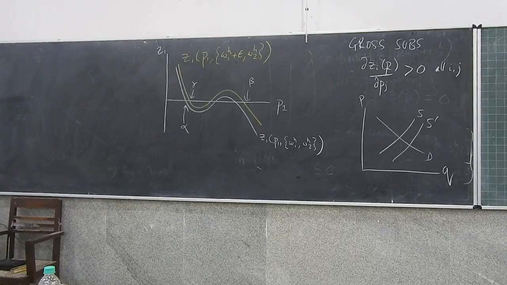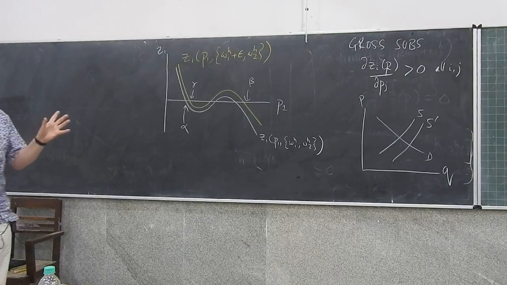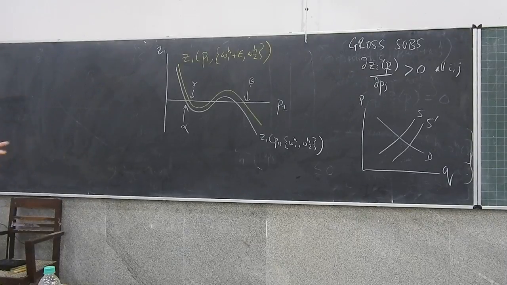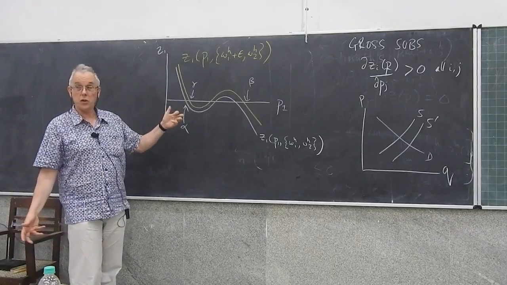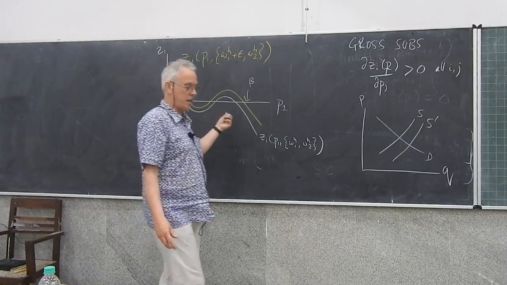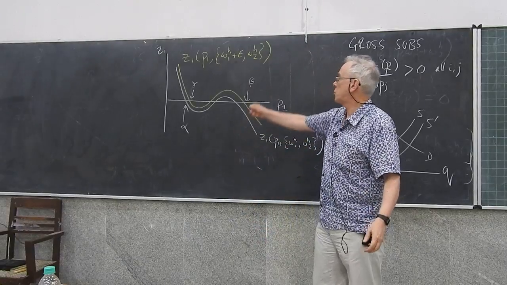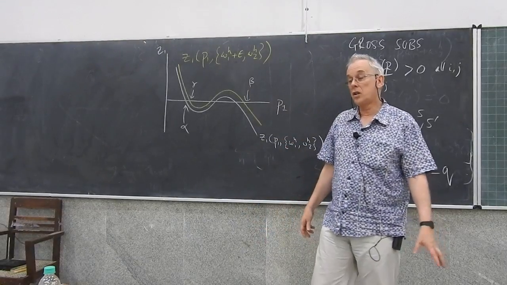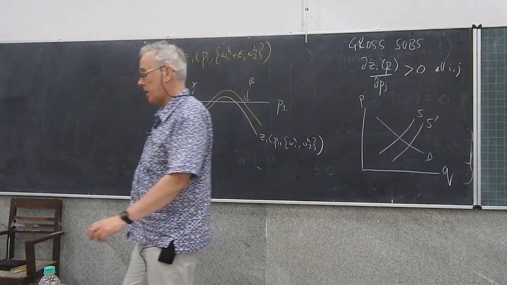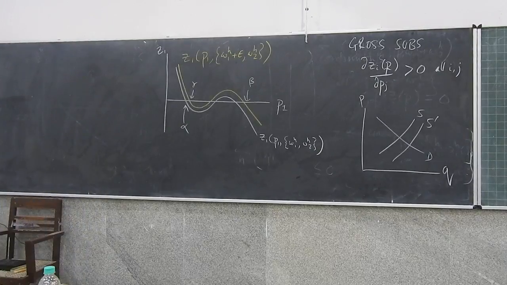And that, if you use the technical term, messes things up. That's why it is possible, when you have more than two goods, that an increase in the endowment of the type I've drawn here could lead to the equilibrium price of the good whose endowment has increased actually being higher in the new equilibrium rather than lower.